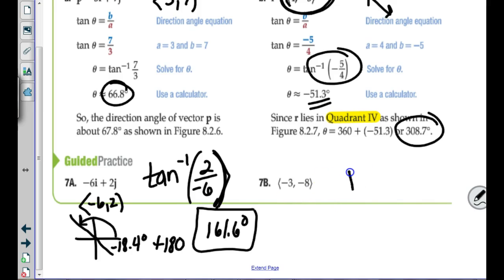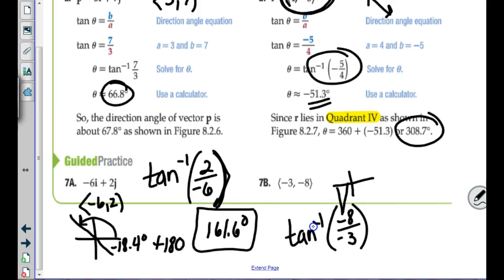Negative, negative, this one is in quadrant 3. When you do inverse tangent of a negative over a negative, it's going to become positive and the calculator is going to think it's in quadrant 1, right? So what are you going to have to do? How do you move something from quadrant 1 to quadrant 3?